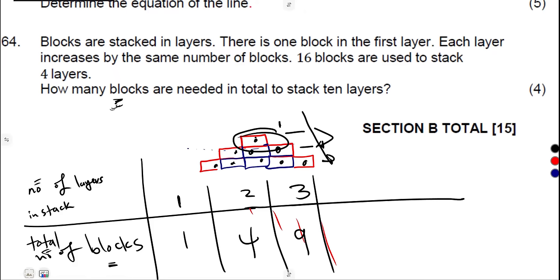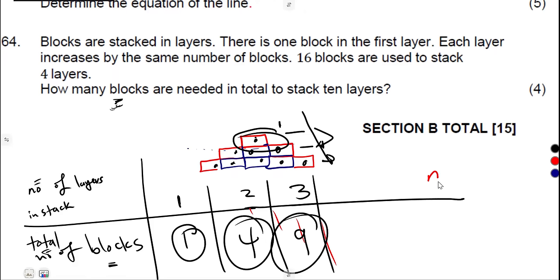What type of pattern is that? How is the output related to the input? You input 1, you get the output as 1. Your input is 2, your output is 4. Your input is 3, your output is 9. How are these numbers related to the input? For input n, what will be the output?